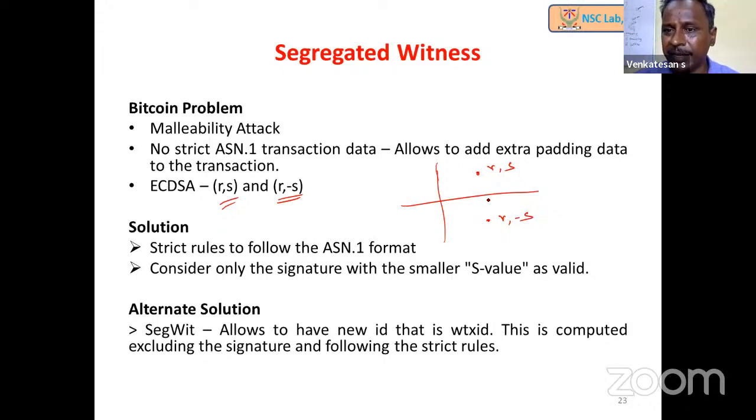These two are valid signatures. So we can take this or this. We compute two values, r comma s and r comma minus s. Definitely any one will be used for the signature, either this or this. But both are considered valid for evaluating the signature.